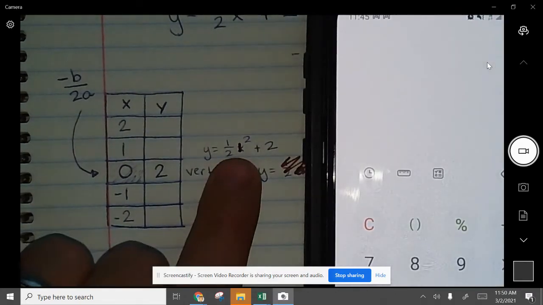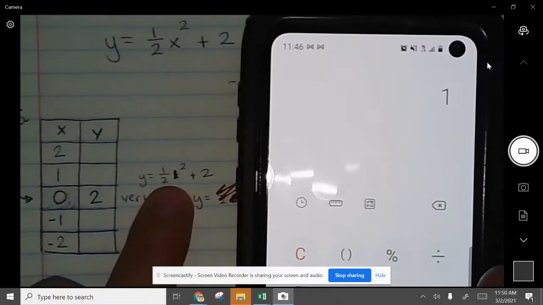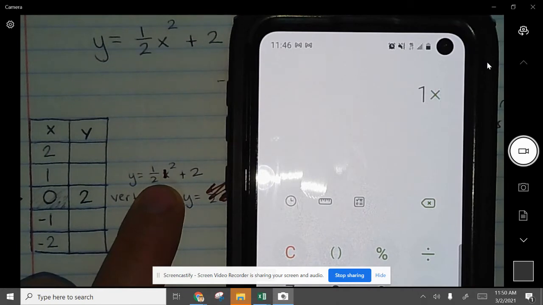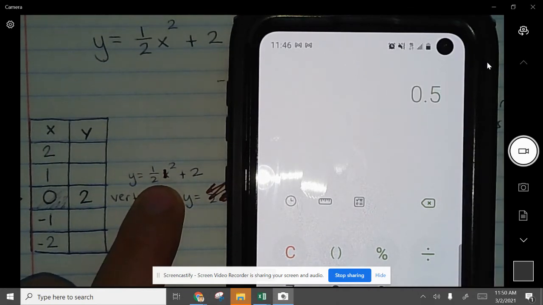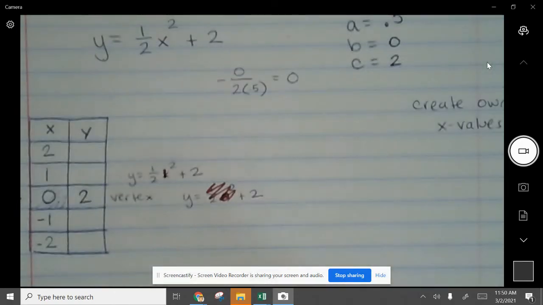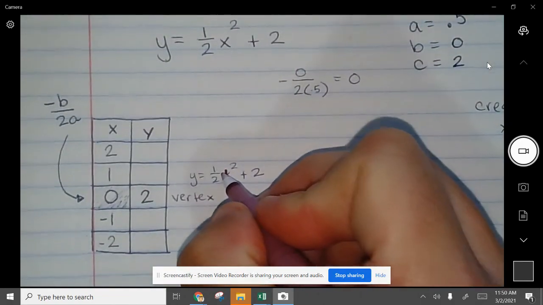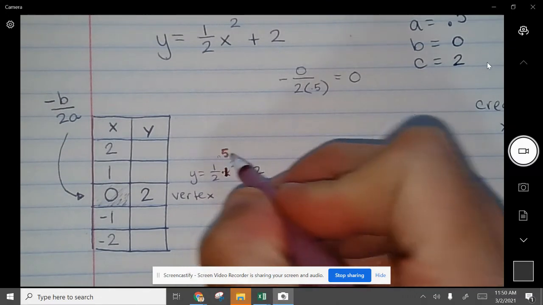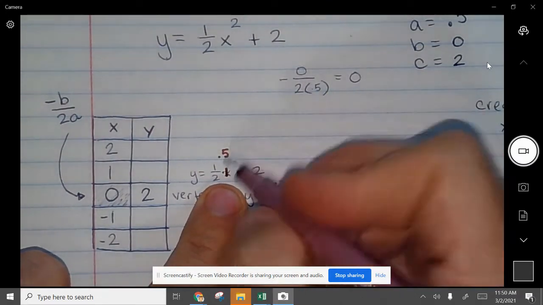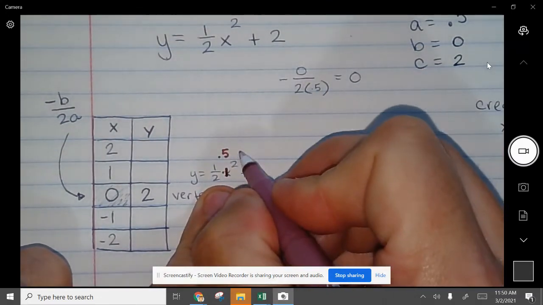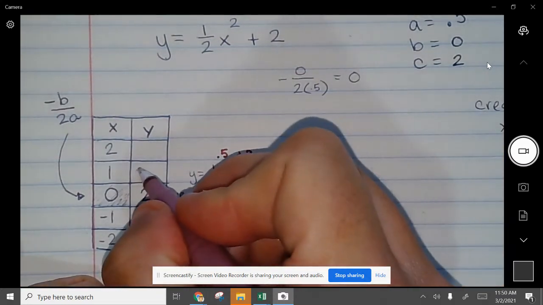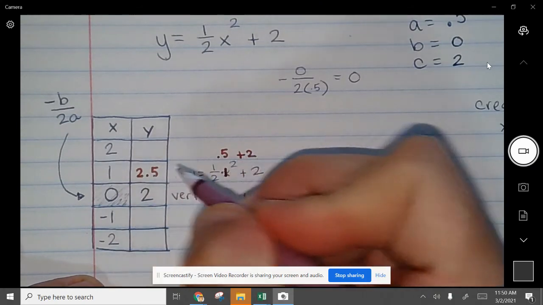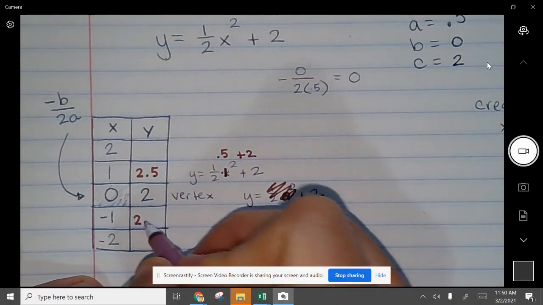We're doing 1 times 1/2. 1 times 0.5. Doesn't anything times 1 equal itself? So 0.5. 1 times 1/2 is 0.5. What's 0.5 plus 2? Isn't that 2.5? And isn't this also going to equal the same thing?